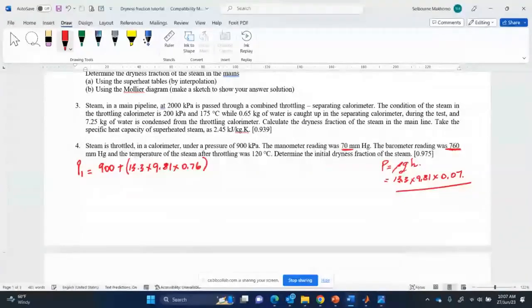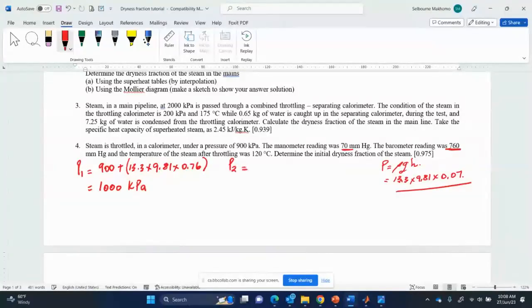So 0.76 multiplied by 9.81 multiplied by 13.3, 99. So 99 plus 900 is 1000. So P1 is going to be 900 plus 100, 1000. So your P1 is 1000 kPa.